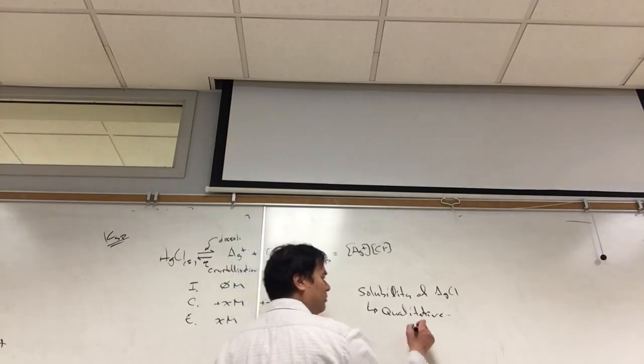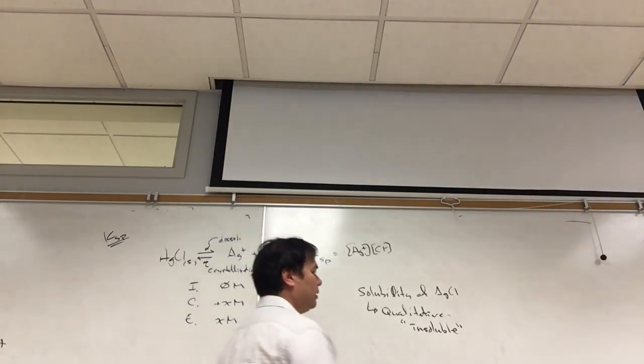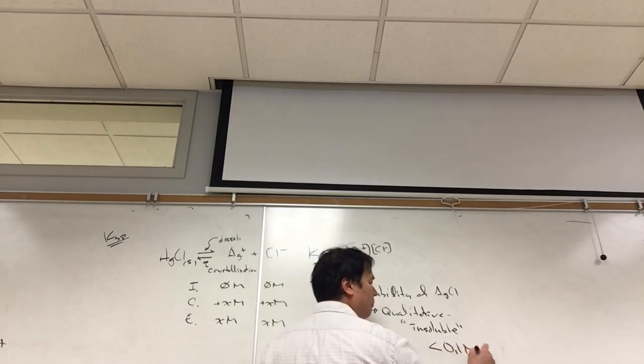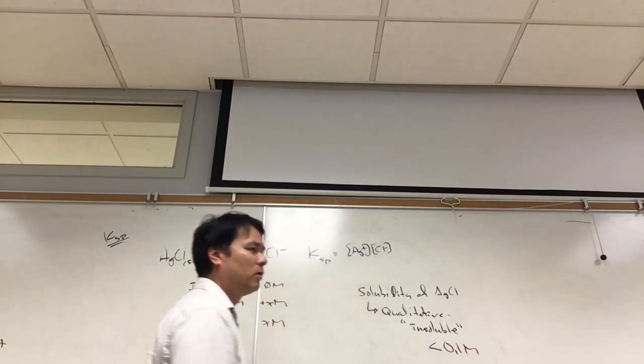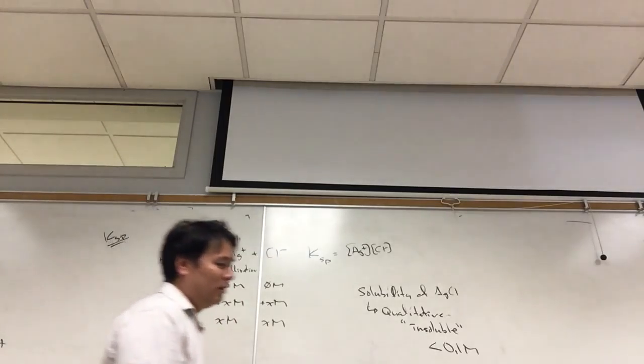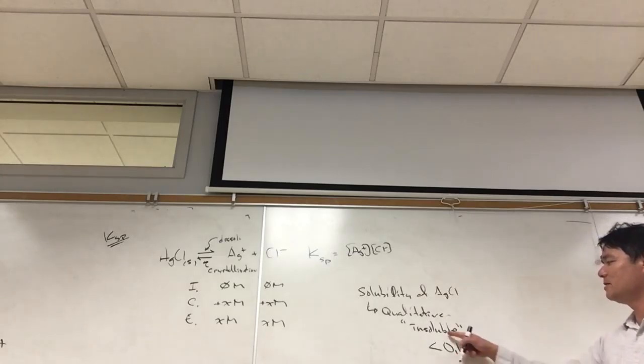And so qualitatively, silver chloride should be insoluble. But what does insoluble mean? Insoluble means, according to our book, that less than 0.1 moles of it dissolves in a liter. Well, 0.1 moles is actually quite a lot, so obviously we're going to have less than 0.1 moles per liter dissolved. That means it's insoluble, but this is very qualitative.